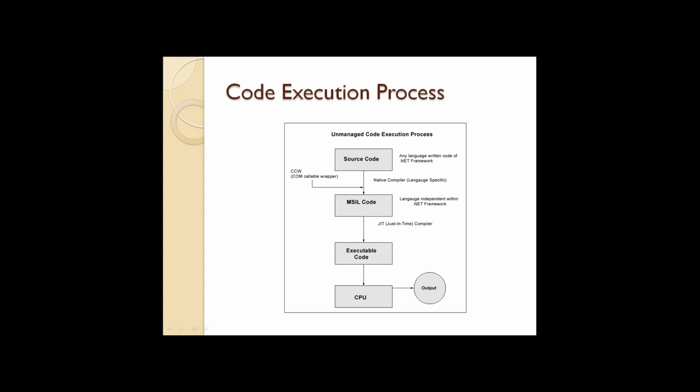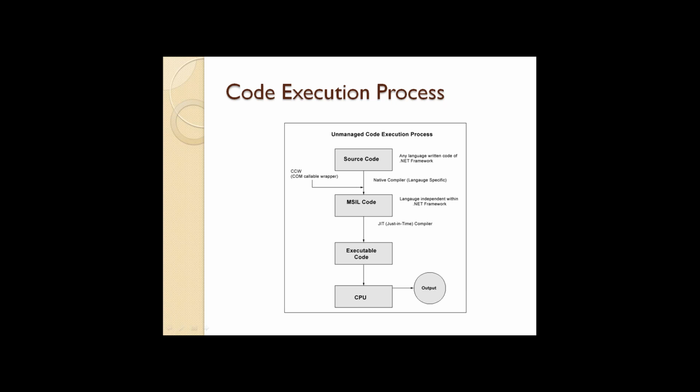Here I am giving C# as the example, because C# is a very modern language. I wrote a code in C#. When I run that application, the C# compiler will convert the source code into the MSIL code.